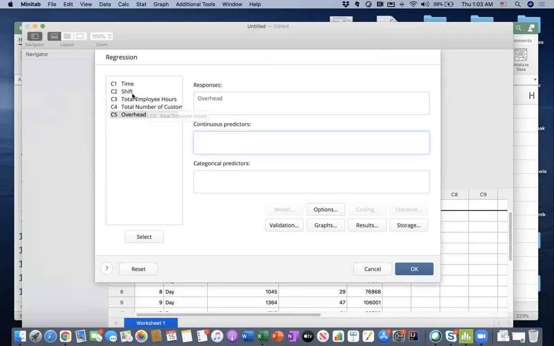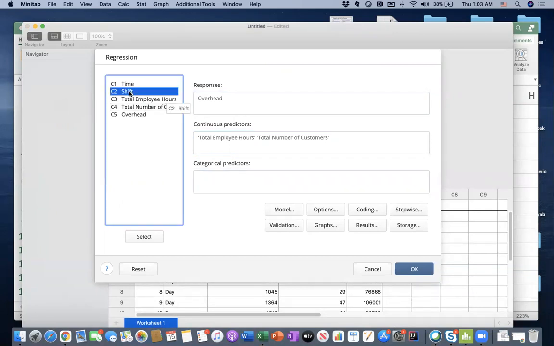My continuous predictors, I am not going to include the time because in some other implementations it might be important, but in this one, I'm going to exclude it from my analysis. So I'm going to use my total employee hours and total number of customers as my continuous predictors, and my categorical predictor is going to be only one column. That's going to be the shift.